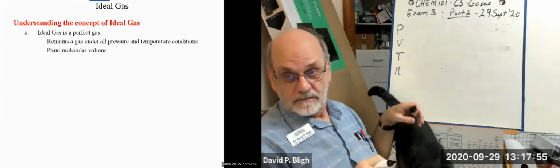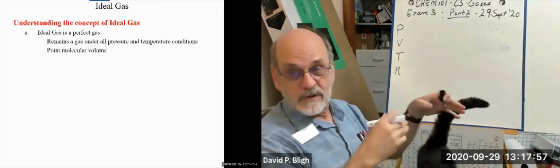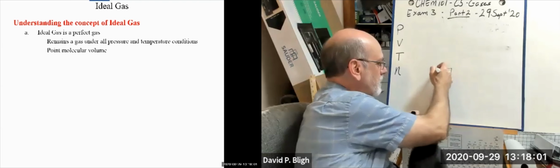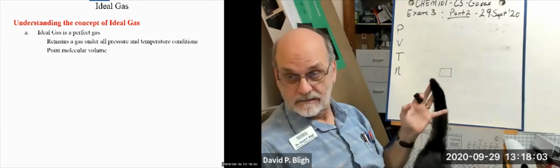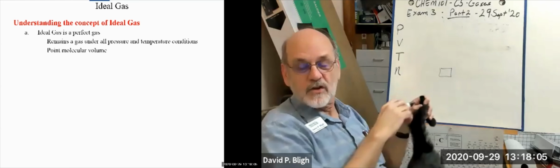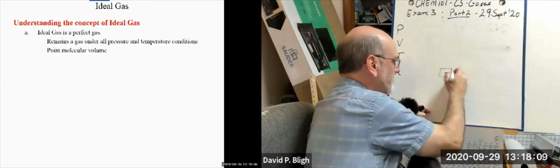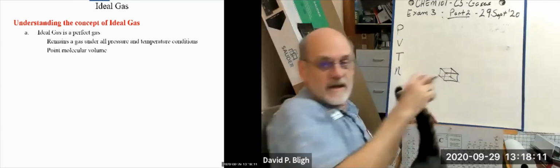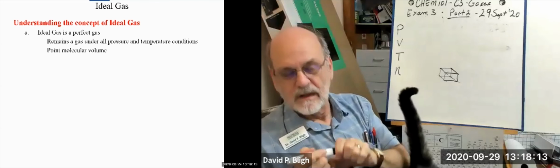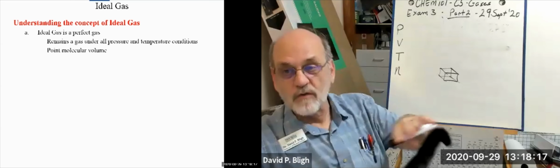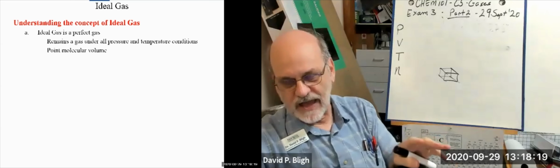If, however, you have something that can be measured length and width, right? You have an area. If you have something you can measure length, width, and depth, you have a volume, right? So what we're saying with point molecular volume is these gases have no volume of their own. That's an ideal gas.